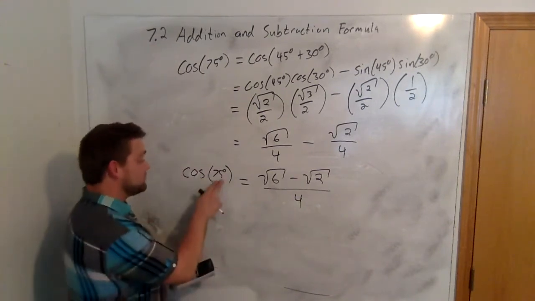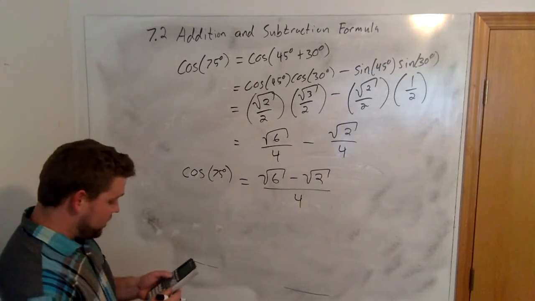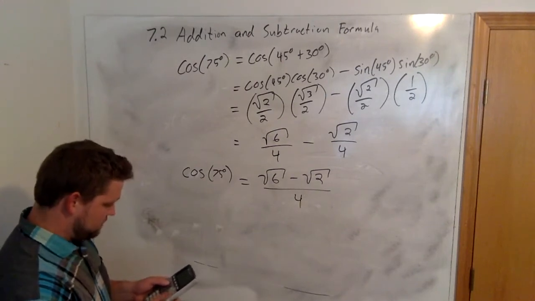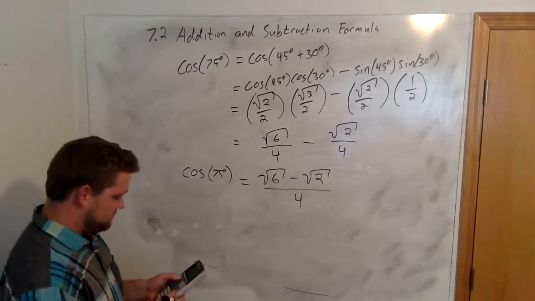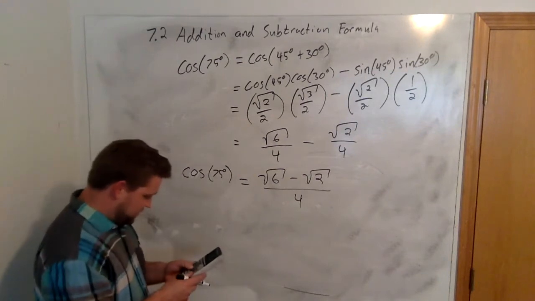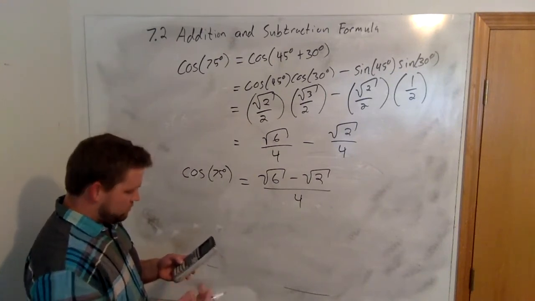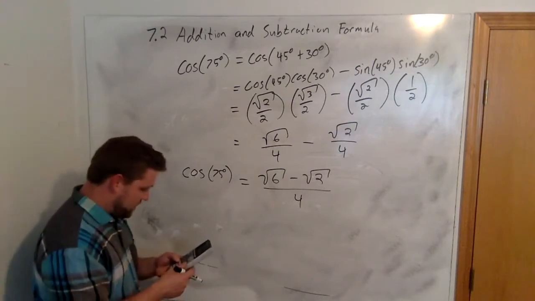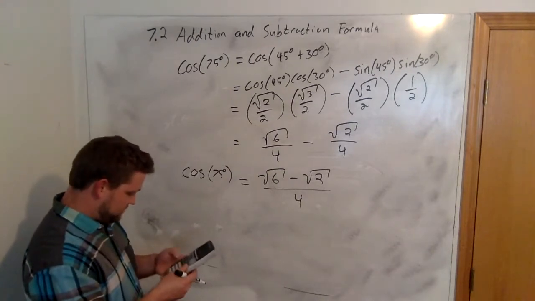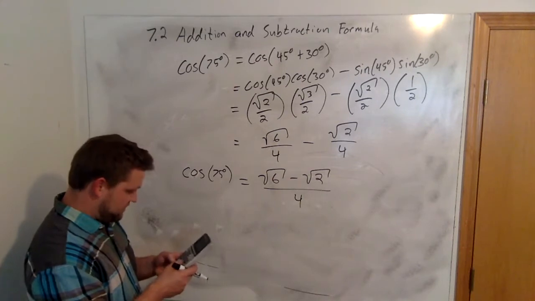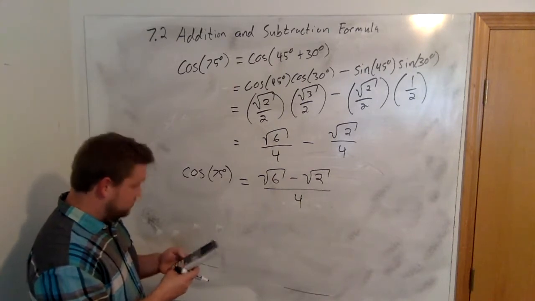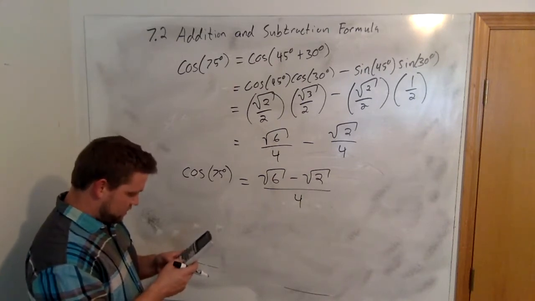First of all, let's make sure our calculator's in degree mode. I'm in radian mode, so I better switch to degree mode. Let's see the cosine of 75. I'm getting roughly 0.259. And let's also do the square root of 6 minus the square root of 2, all divided by 4.